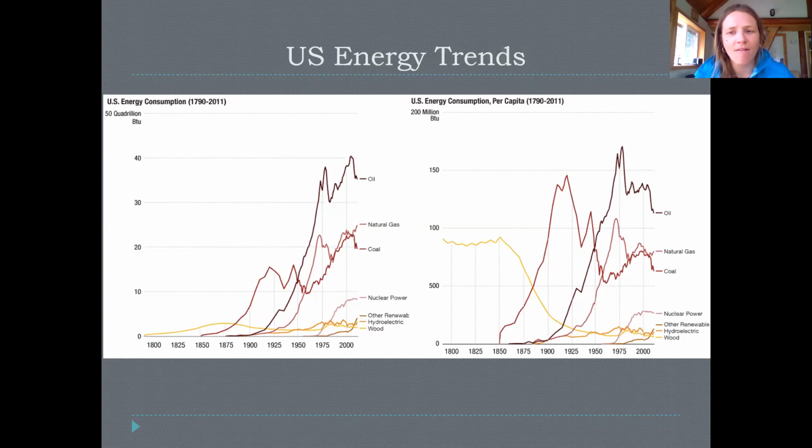And then we have some more recent introductions of energy sources like nuclear power, coming up in the 1960s and 70s with those technological advances, and then things like hydroelectric and other renewables just starting to really come online in a significant way in the last decade or so, but still they are used at a much smaller scale compared to the other fuel source types.